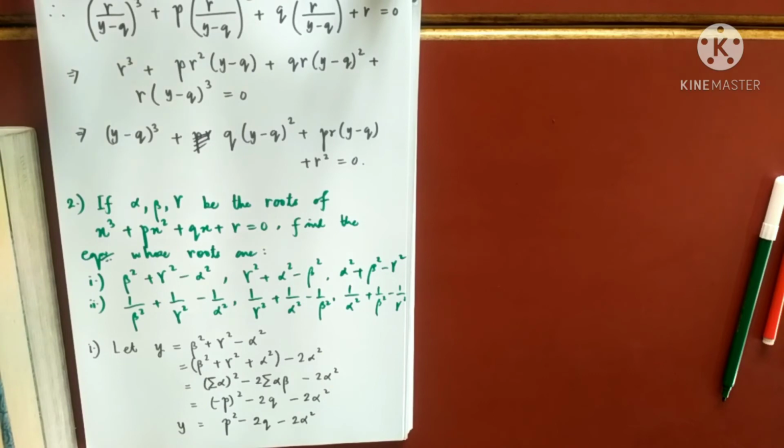So this is our first task. Again and again I'm saying, you first have to express y as a function of either alpha or beta or gamma. That I have done. So get alpha square from here.